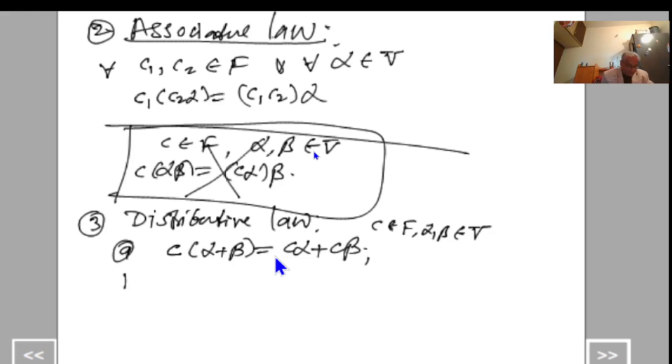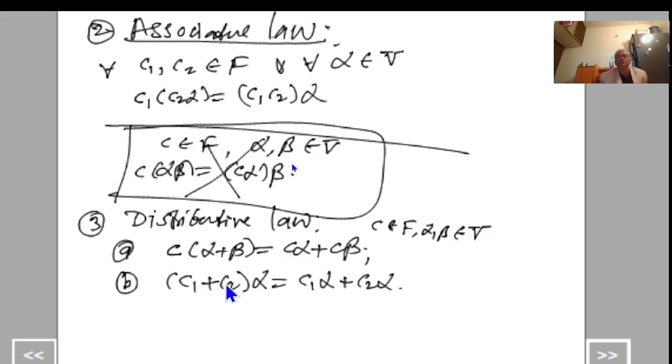And what is the right distributive law? The right distributive law is (C1 plus C2) into alpha equals C1 alpha plus C2 alpha. Here C1, C2 belong to F and alpha is an element of V. C1 and C2 belong to F means C1 plus C2 is defined between two elements of F, both addition and multiplication are defined.